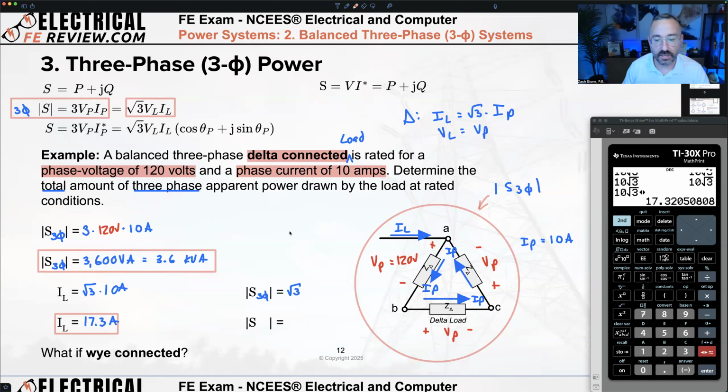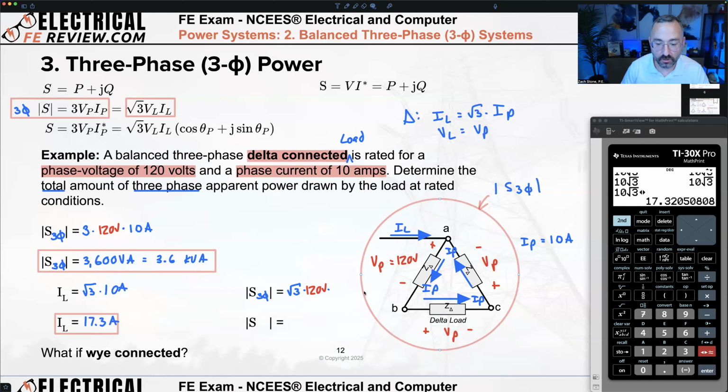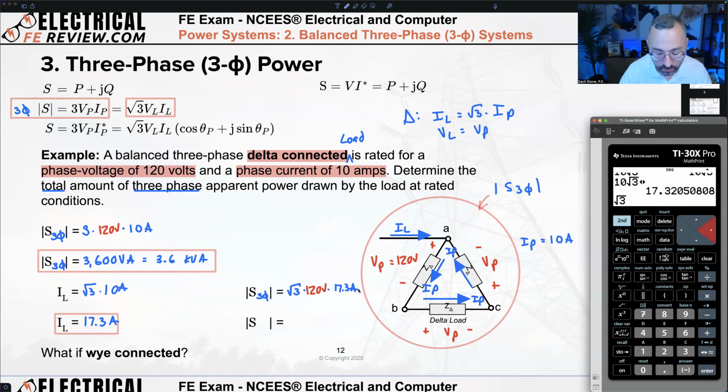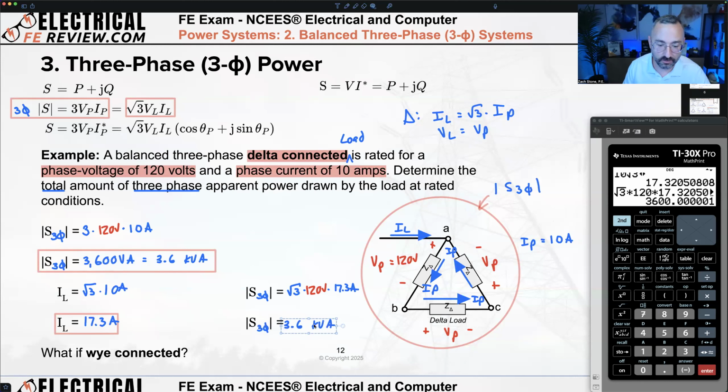So it's going to be square root of 3 times our phase voltage times the line current we just solved for, 17.3 amps. So on my calculator, square root of 3 times 120 times 17.3 amps. Look at that. Same answer. Three-phase apparent power equals 3,600 volt amps or 3.6 kVA. Same thing.